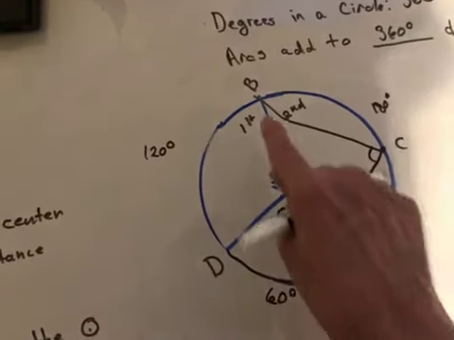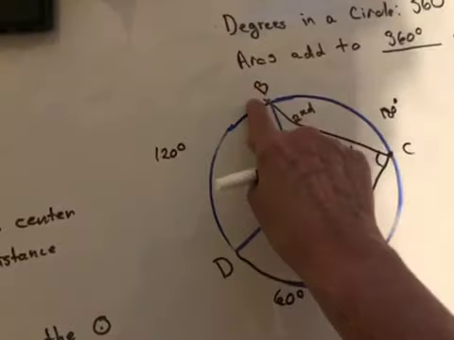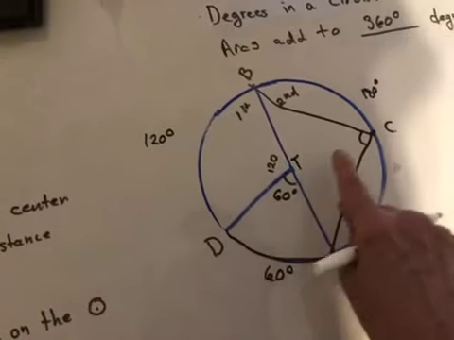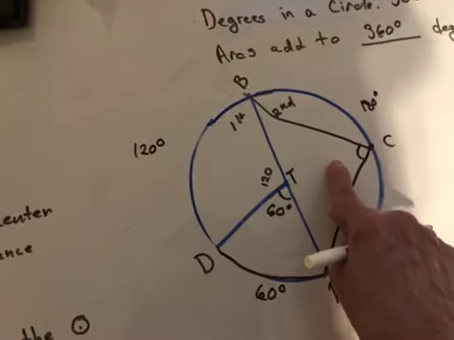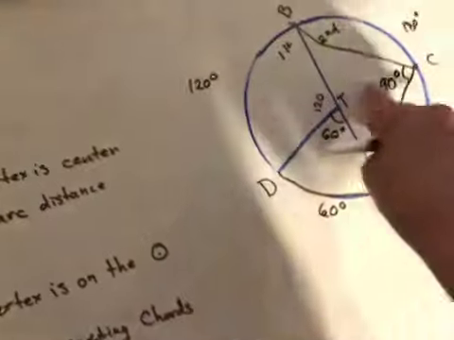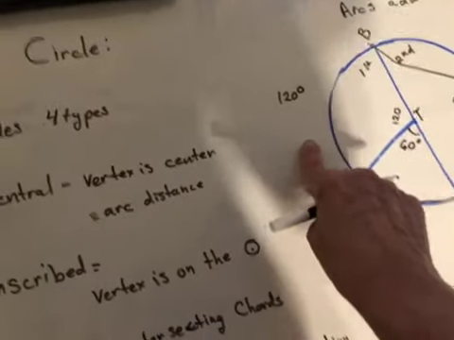Or if I just look from A to D to B, I have a semicircle which measures 180 degrees. Okay? This angle in here is not 180 because it'd be a straight line if it were. This is actually a right angle. It's 90 degrees.